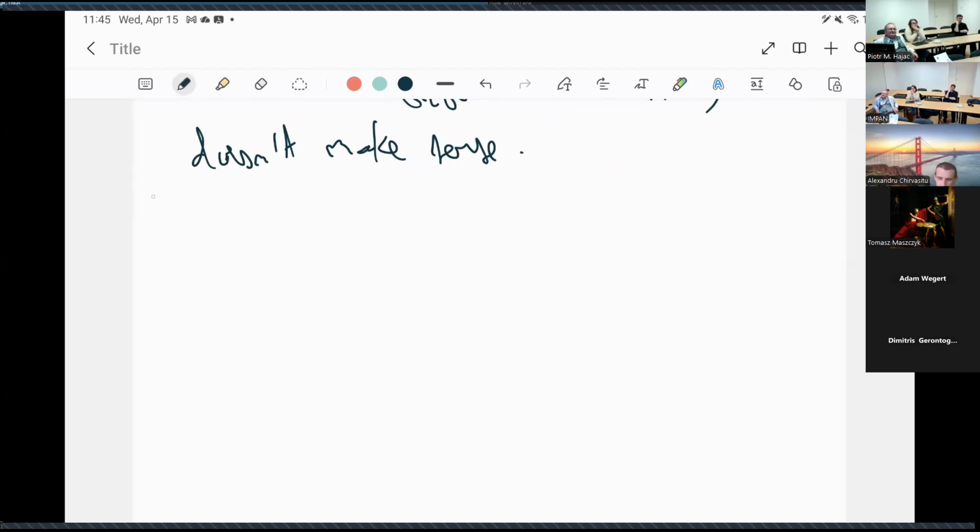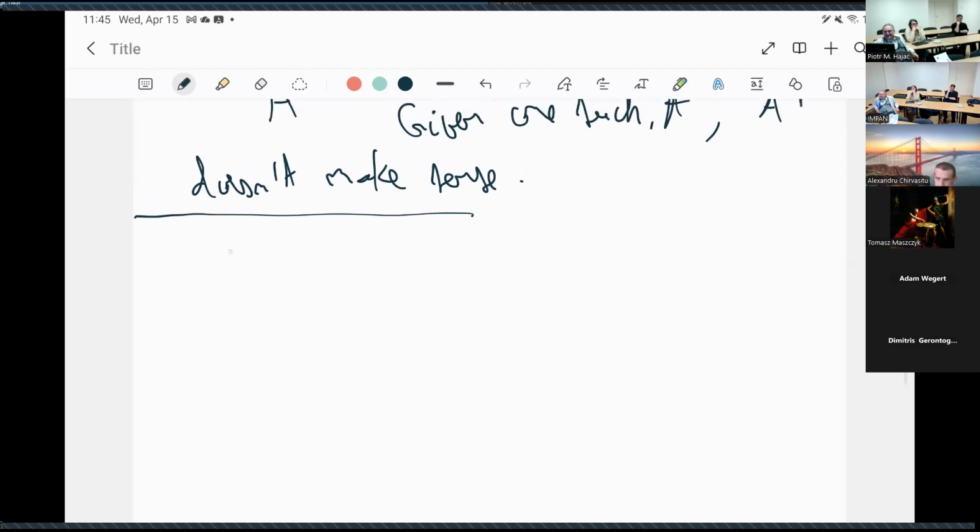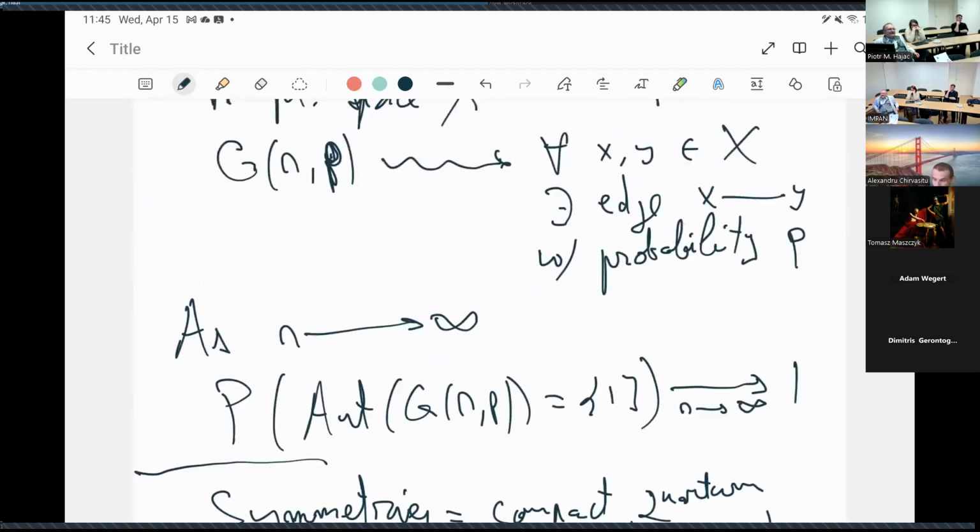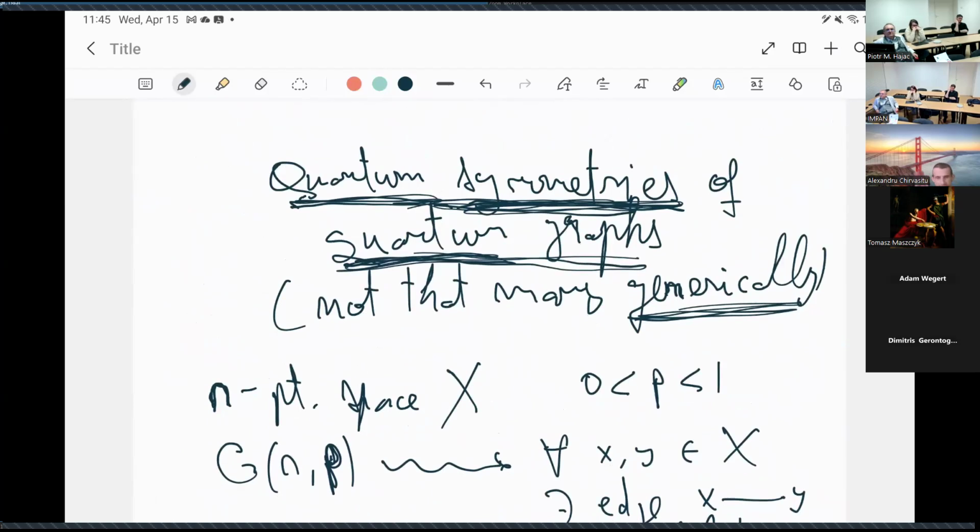Okay, so now for quantum graphs. Since we're talking about quantum symmetries of quantum graphs, before I take the leap, let's take stock of where we are.